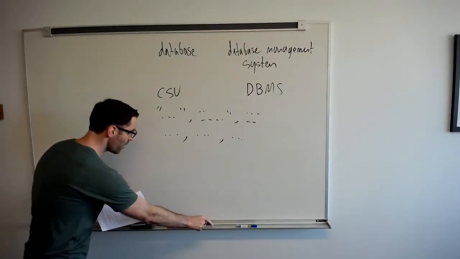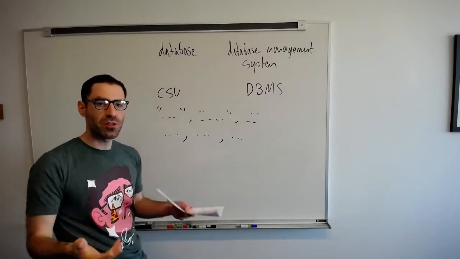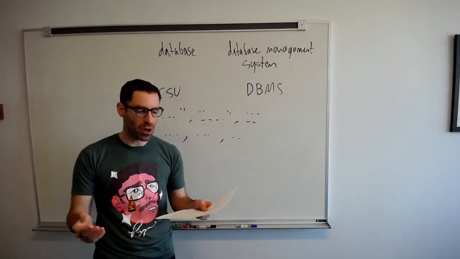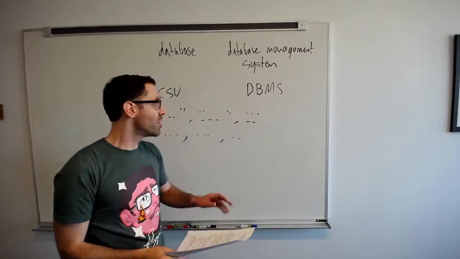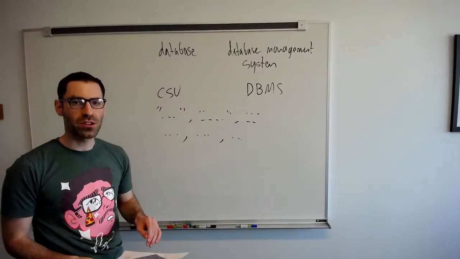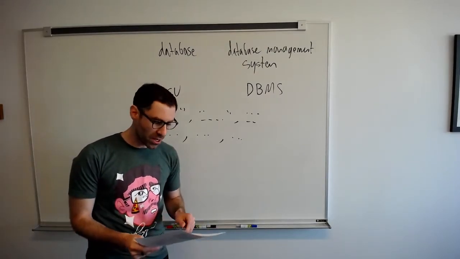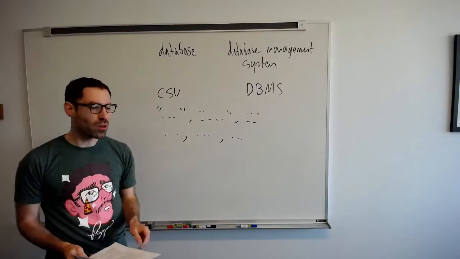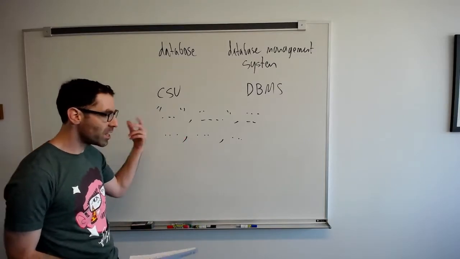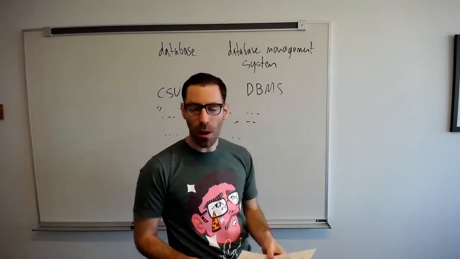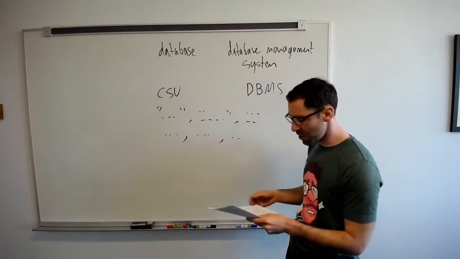Now, imagine that we were using this system for a database of student information here at Carleton. There would be some problems with this kind of simple approach, where we just keep some files around and write some Python scripts to process them. I think that all of you could, in Python or Java, write a script to read in a CSV file, parse apart the fields separated by commas, and extract some value from it.